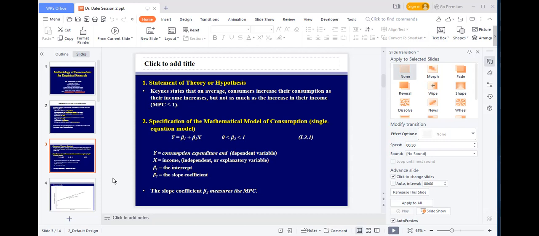When you have the equation y is equal to mx plus c, that is the equation of a straight line that you studied in 12th standard.